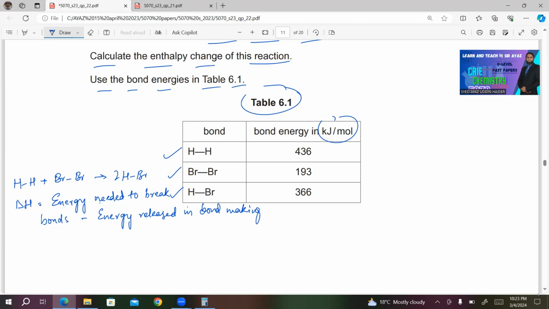So we have H-H bond 436, 1 mole of H2 molecule. So I'll write 436 plus Br-Br 193 minus 2 HBr. It means we need to multiply 2 by 366.